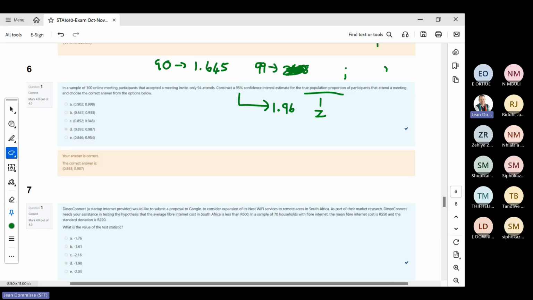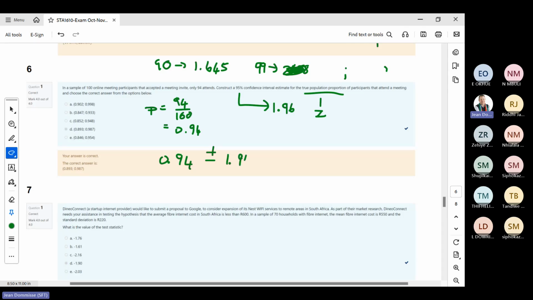Okay, so yeah, exactly the same. We'll go and say, okay, what's the proportion? The proportion is 94 divided by the 100. So that is 0,94. And then to work out the confidence interval, 0,94 plus minus 1,96.